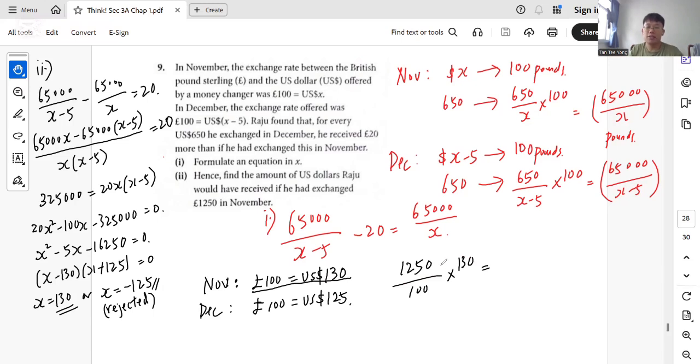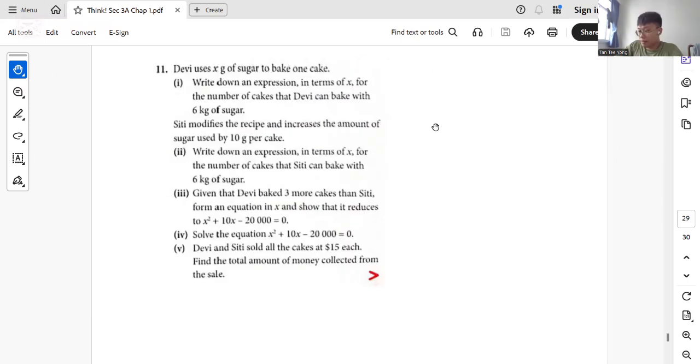If you do this, it's just 125 times 13, which is 1,625. So he will receive US$1,625 if he exchanged 1,250 pounds in November. All right, so this is it for question 9.